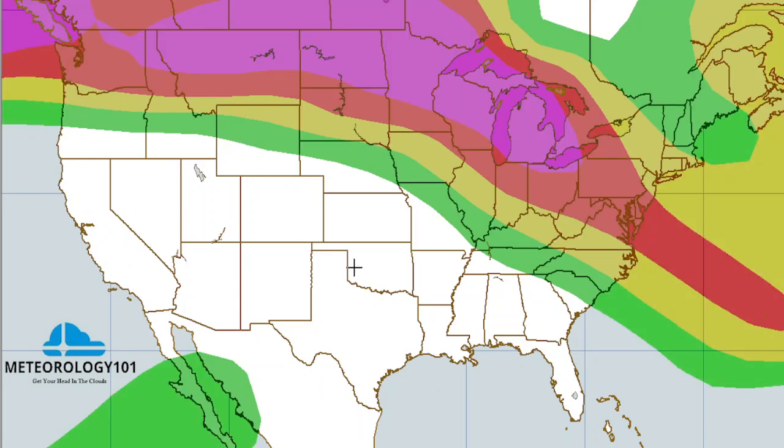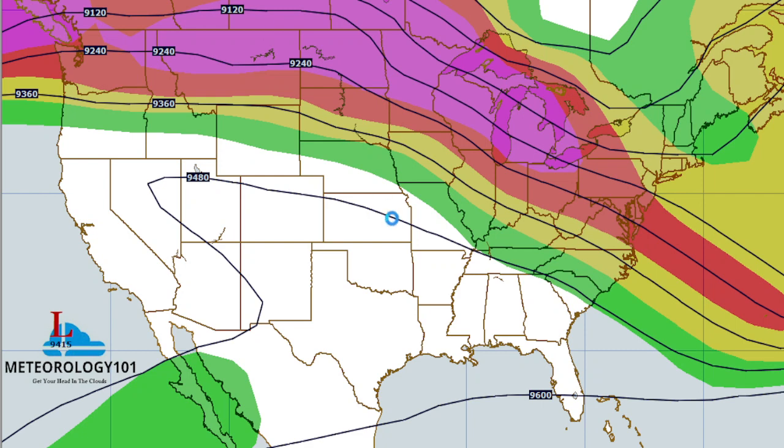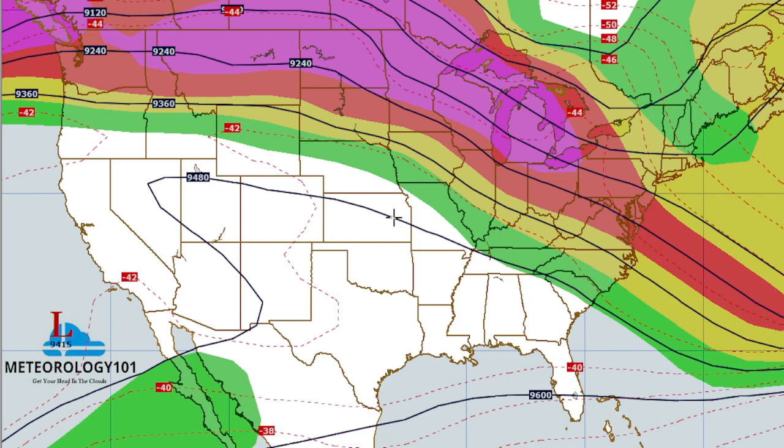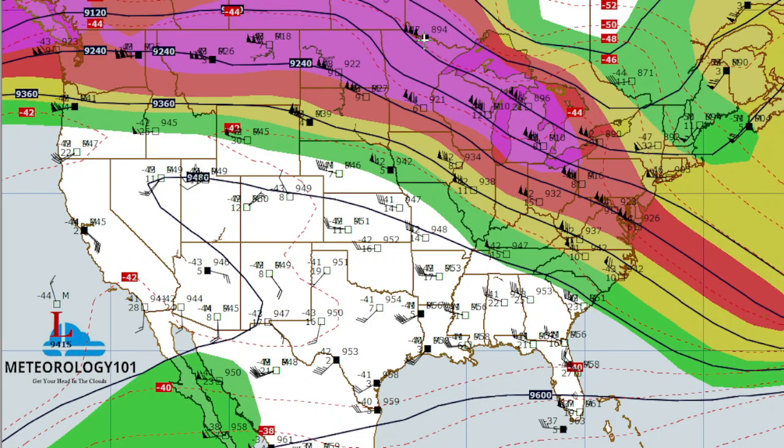We got a strong jet stream up here. Let's go put our contours on. Isotherms. And then station plots. See what kind of winds we have up here. 150 knot winds. Okay.